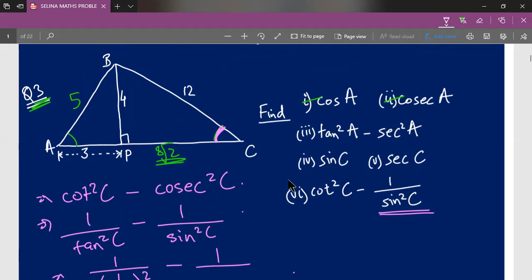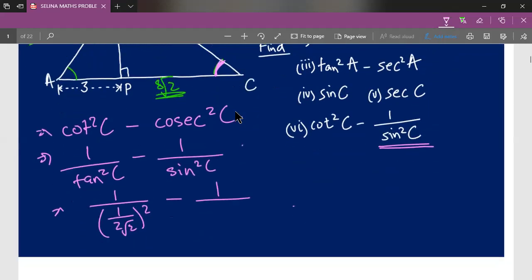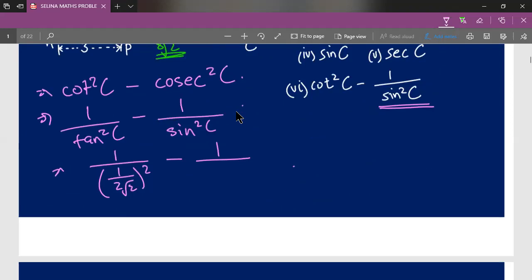Sine C basically means perpendicular upon hypotenuse. So perpendicular upon hypotenuse will be 4 upon 12, that is 1 upon 3. So sine square C will be 1 upon 3 whole square. So we'll simplify it. 1 upon 2 root 2 whole square will be 1 upon 8, minus 1 upon 3 whole square, which will be 1 upon 9.